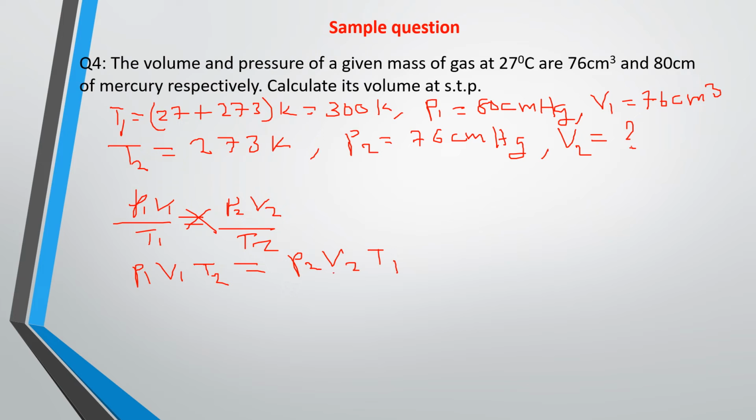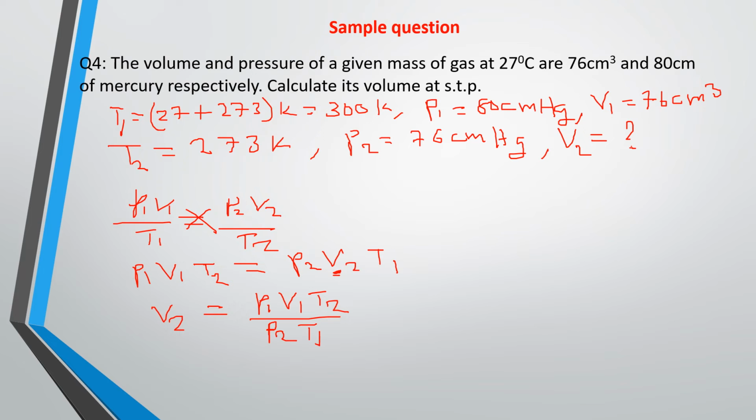Now make V2 the subject of this formula, right? So V2 will be equal to P1 V1 T2 all over P2 T1.